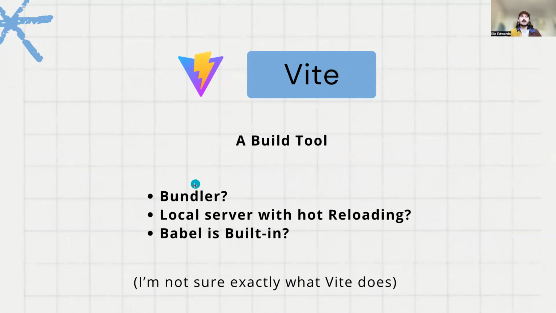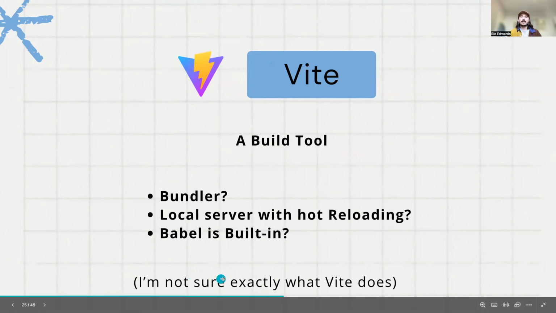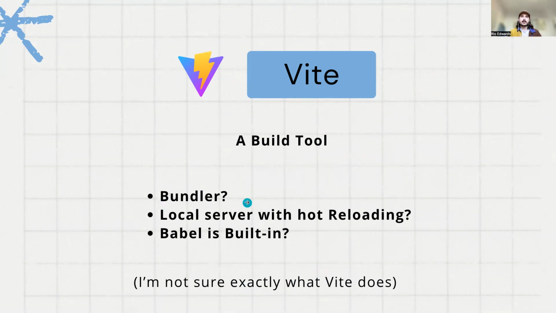So what it really does is, and it does kind of a lot of stuff, and I'm not sure exactly what all of the stuff it does, but it bundles your code. So all the imports and exports, it manages those. It helps your code all consolidate into one file. It has a local server, so like live server, something like that. And then it also has Babel built in.